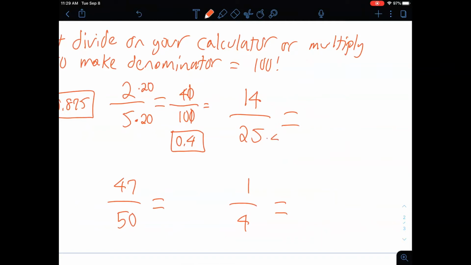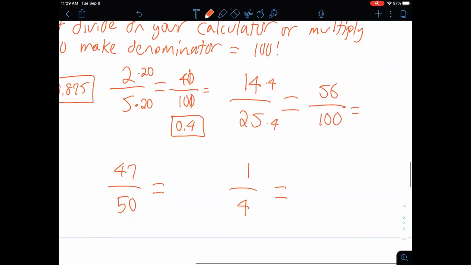25 times what is 100? Times 4. So we're going to get 56 out of 100, which equals 0.56, 56 hundredths.